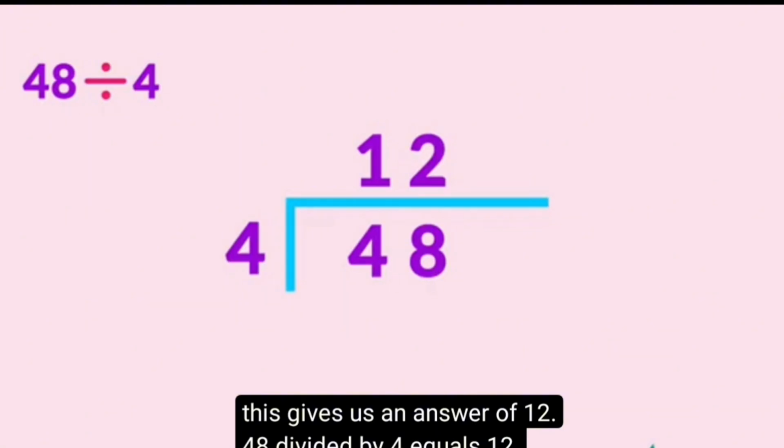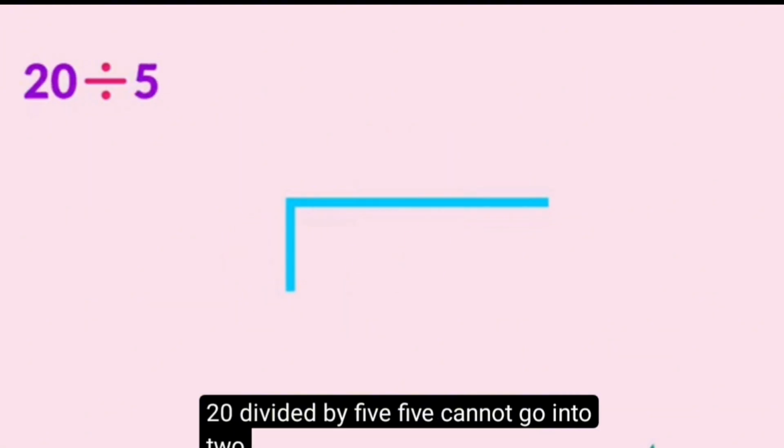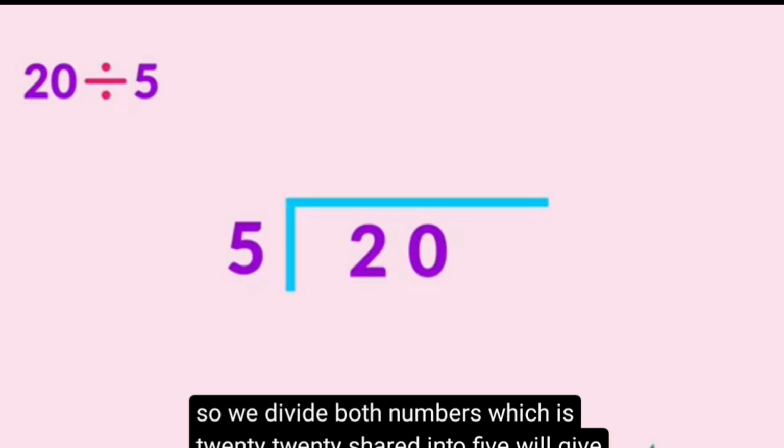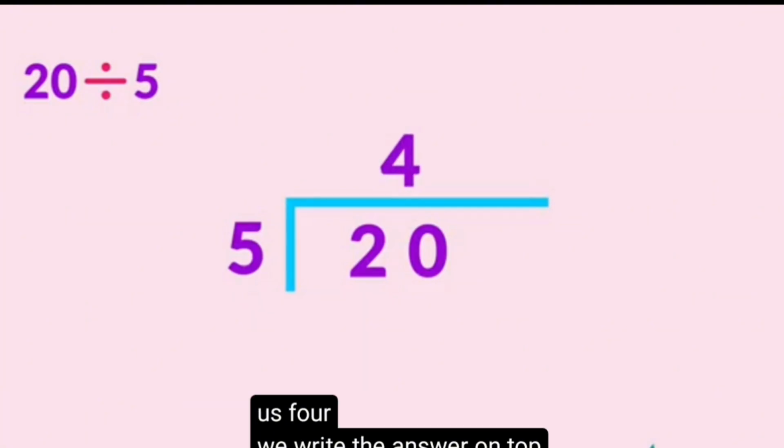Therefore, the result is 12. The last example, 20 divided by 5. 2 divided by 5 is impossible, so 20 is shared into 5. Therefore, simply 20 divided by 5 is 4 times.